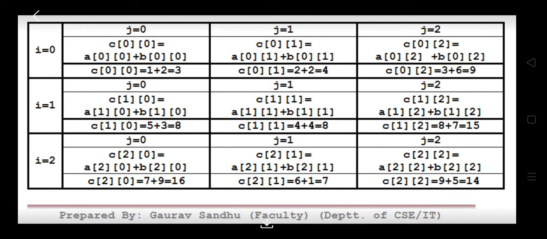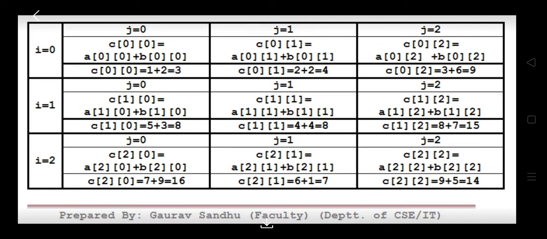Now when i and j are both 0, A00 and B00 will be added and stored in C00. A00 had 1, B00 had 2, 1 plus 2 is 3, and that 3 is stored in C00. When i is equal to 0 and j is equal to 1, we are processing C01.